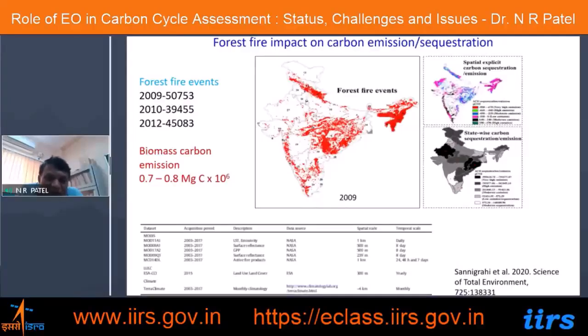So finally we can identify how much biomass carbon is being burned because of forest fire, and how much forest fire has affected the biomass loss from the Indian forest landscape.